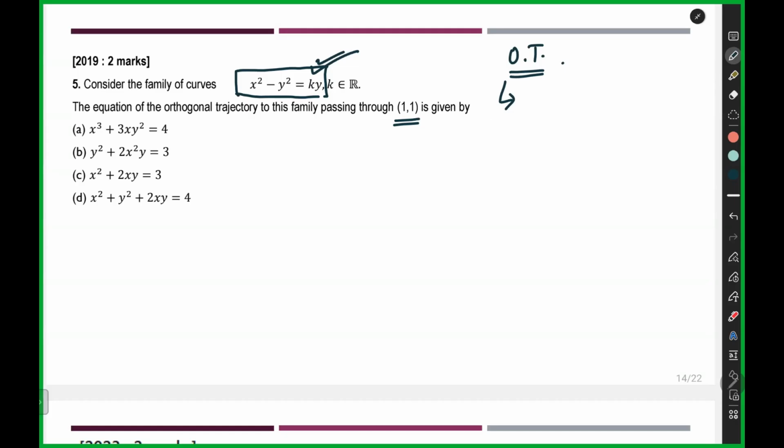So we are given this family of curves. The first step is to differentiate with respect to x, which gives a dy by dx equals k of dy by dx. Simply, you can remove k from here. So from here, what is the value of k?